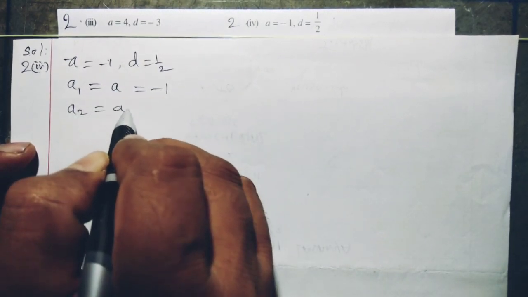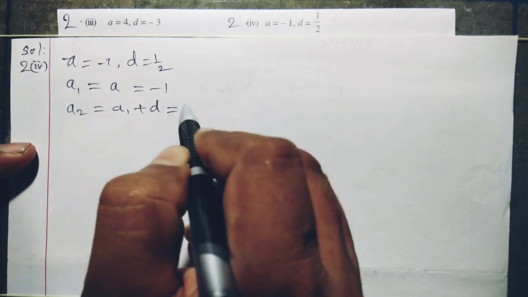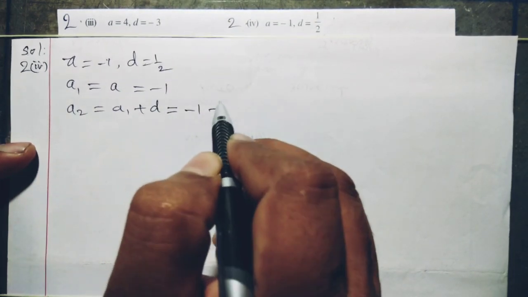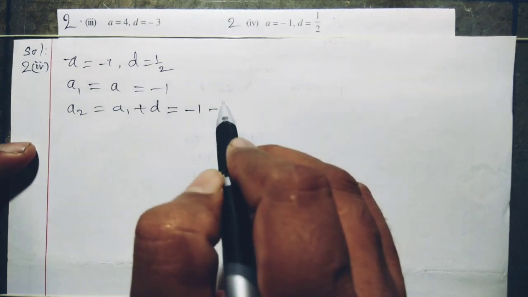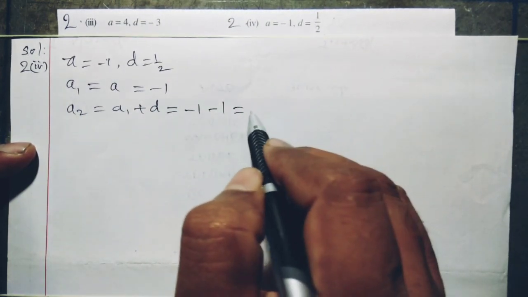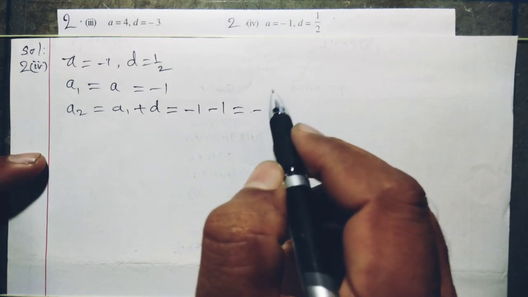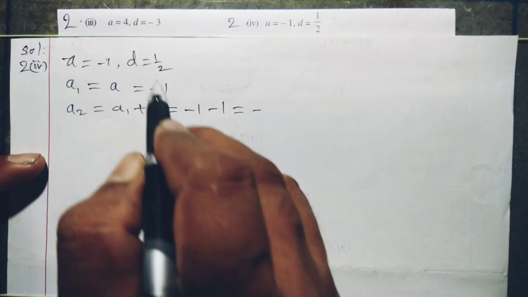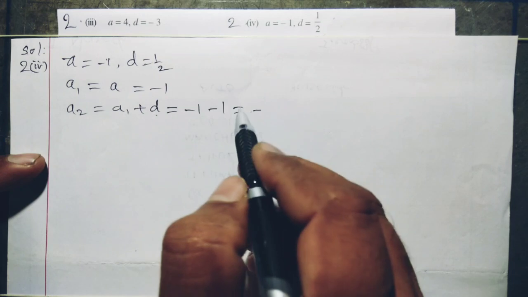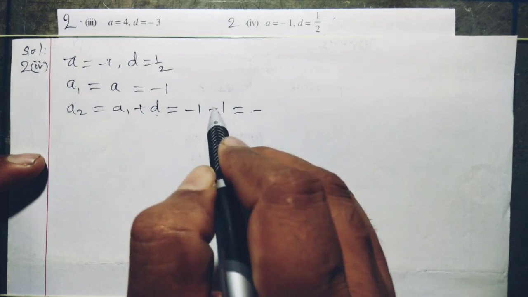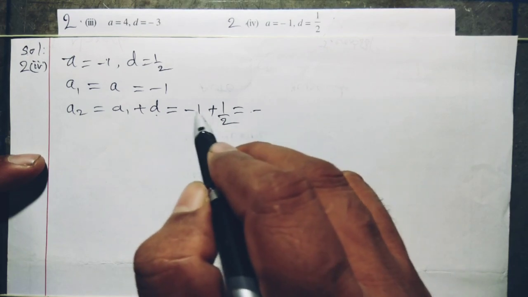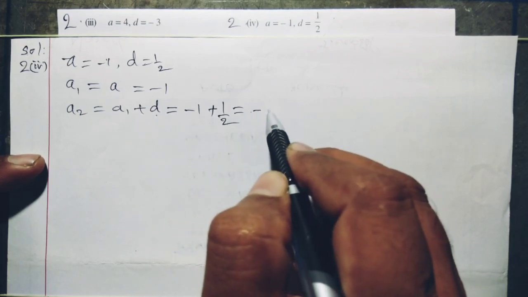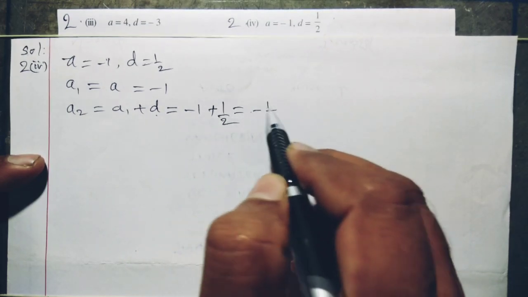A2 is equal to A1 plus D, that is minus 1 plus 1 by 2. Sorry, D is equal to 1 by 2. So minus 1 plus 1 by 2 is minus 1 by 2.